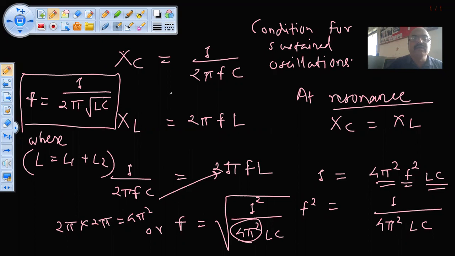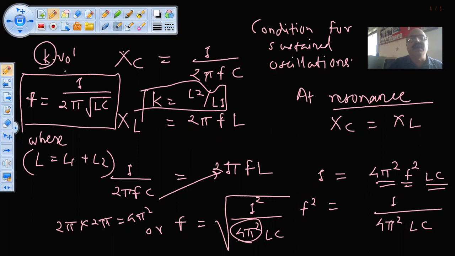Your feedback K is given as L2 upon L1. हा feedback factor झाला. आपण मगाशी लिहिलं नव्हतं का K times Vo dash. हे K म्हणजे फीडबॅक फॅक्टर आहे. आउटपुट पैकी किती सिग्नल आपण इनपुटला फीडबॅक करणार आहे. तर हा फीडबॅक फॅक्टर L2/L1 एवढा. Okay, that you should remember.